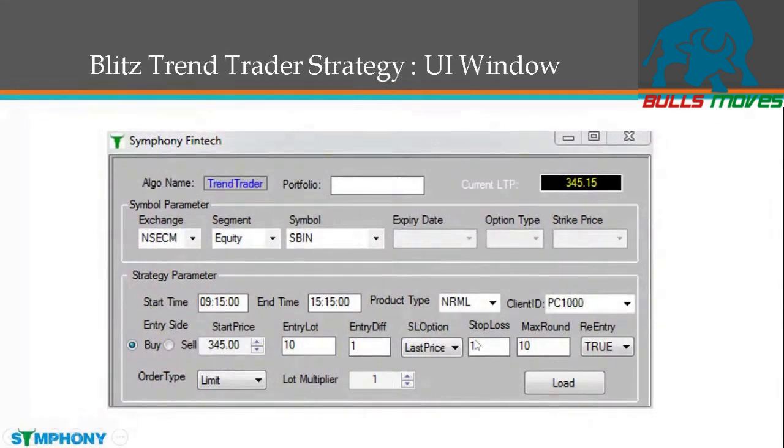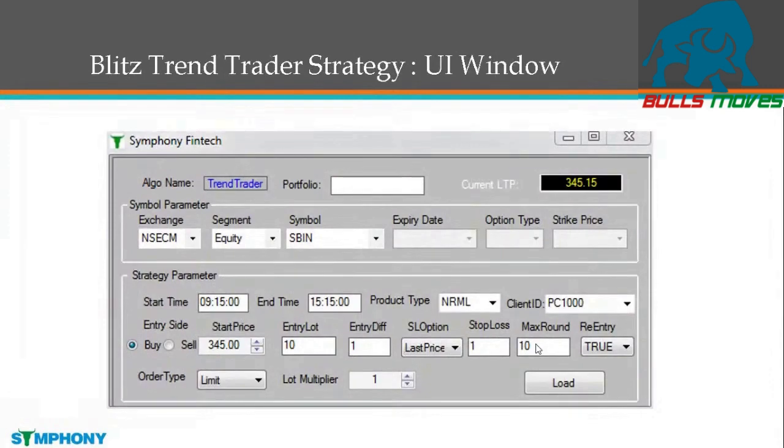So I can mention the maximum round as 10. So till 354 it will execute a buy trade, and then it won't execute any fresh orders. After 354 it will continuously trail your stop loss.